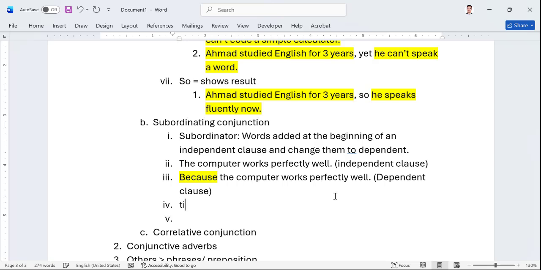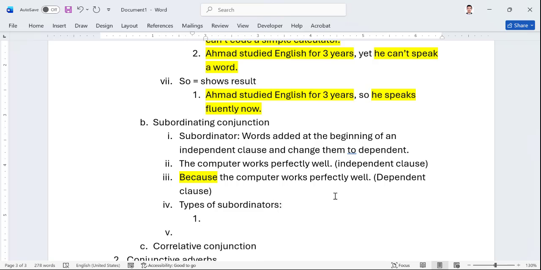Now we have different types of subordinators. Types of subordinators that we may have in English will depend on the type of dependent clause we have, because as we have mentioned, the subordinators change independent to dependent. So the kind of dependent clause will have its own subordinator.